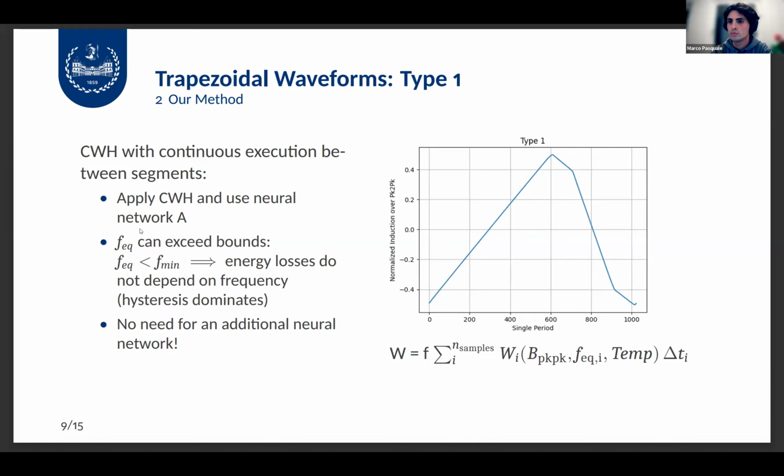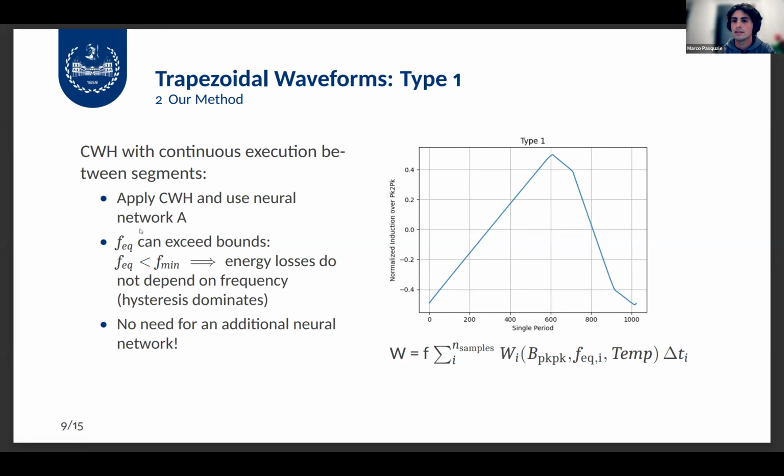So we decided to split the trapezoidal waveforms based on the derivative of their different segments. If a trapezoidal waveform has a quasi-zero derivative segment, then it becomes a type 2 waveform.